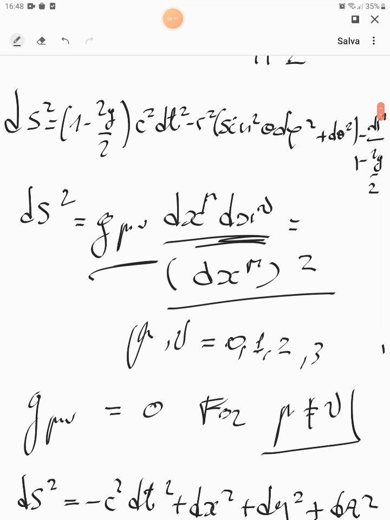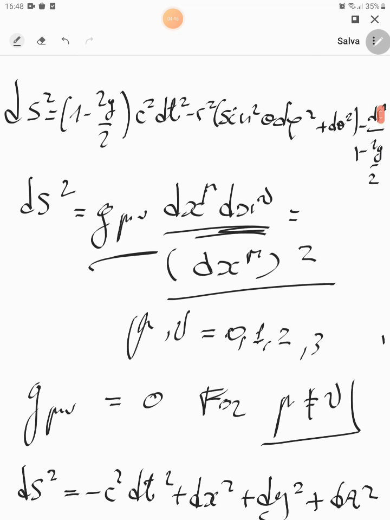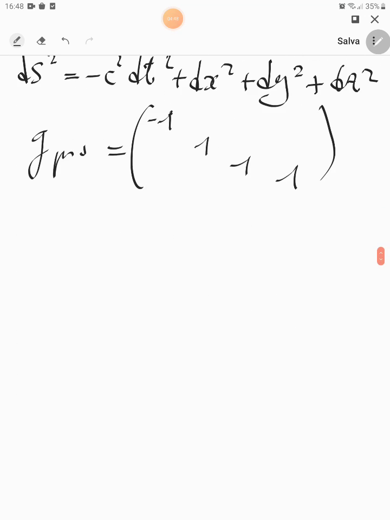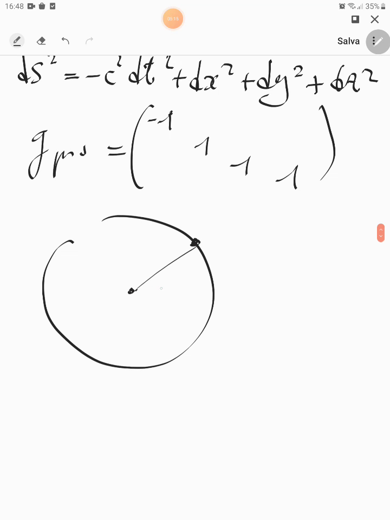A central symmetrical spacetime is a spacetime where, if I have this surface, and we have a point over this surface, or infinite points over this surface, there is a distance r between the center of the gravitational field and the point.